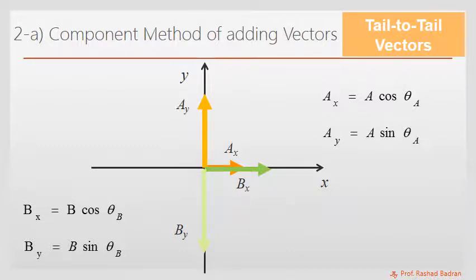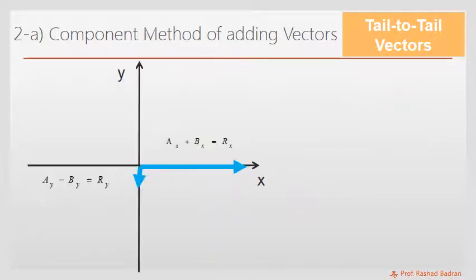Next, add all the x components along the x-axis and also the y components along the y-axis. Here it's obvious from the diagram that By is larger than Ay. So it's expected that the y component of the resultant is going to be in the negative direction along the y-axis. So the x component is towards the east, while the y component is towards the south.